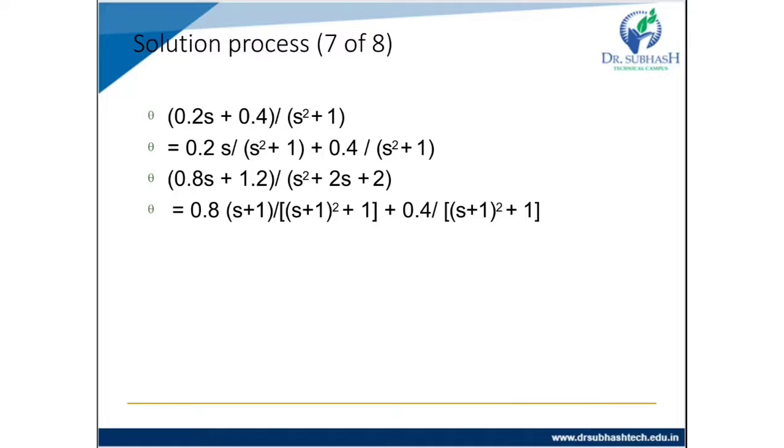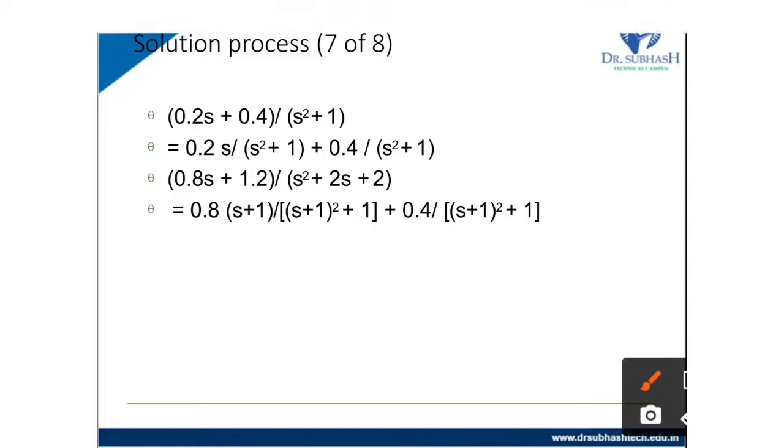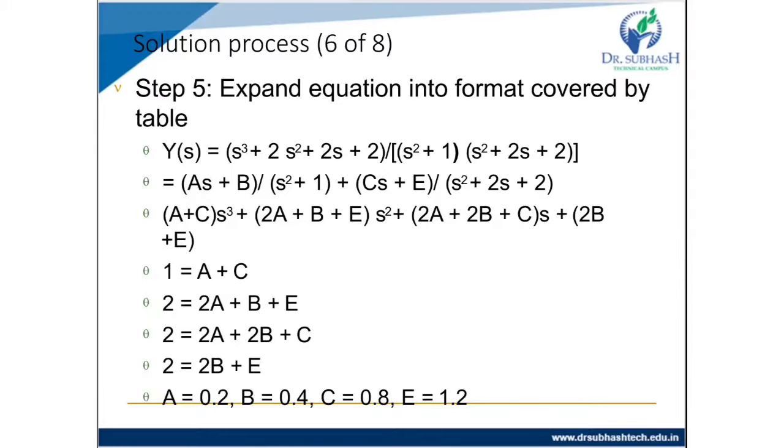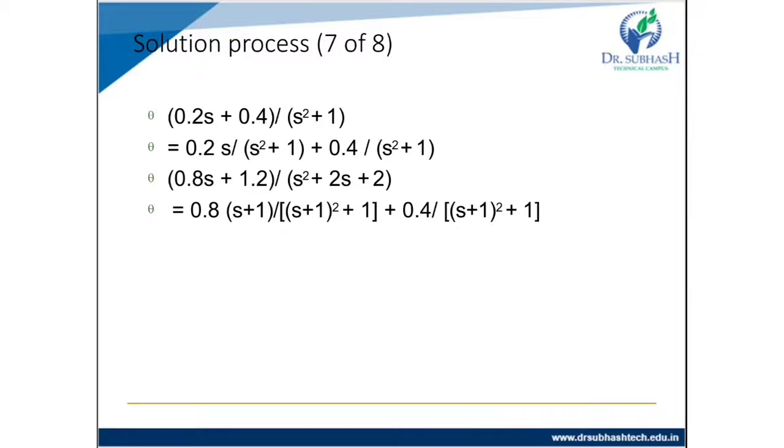A value is 0.2, plus B, so it is (0.2s plus 0.4) divided by s square plus 1. So it is 0.2s divided by s square plus 1 and 0.4 divided by s square plus 1. After solving, we will put all the values in the equation, then finally we will get 0.8 multiplied by (s plus 1) divided by ((s plus 1) whole square plus 1), and 0.4 divided by ((s plus 1) whole square plus 1). So after putting this in this equation, we will get our final answer.